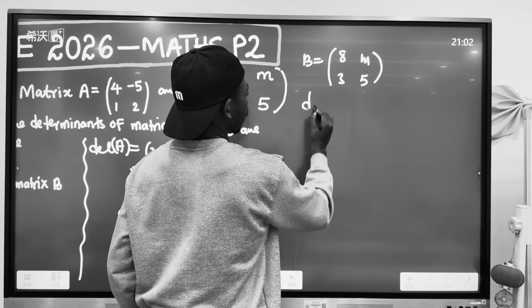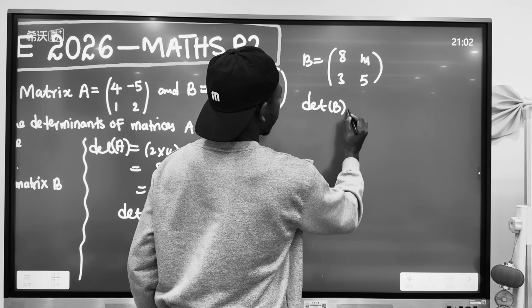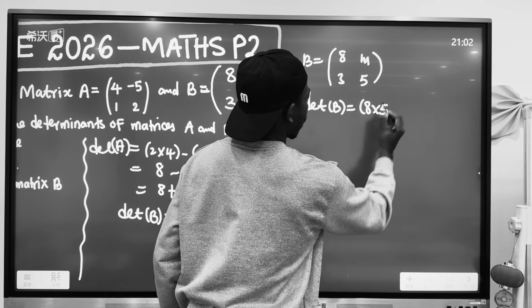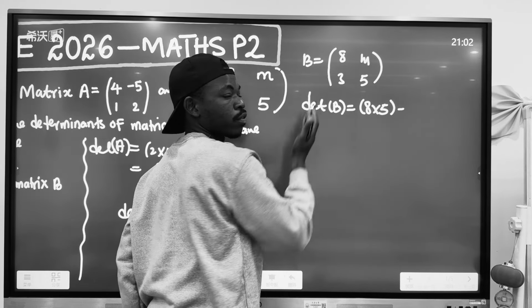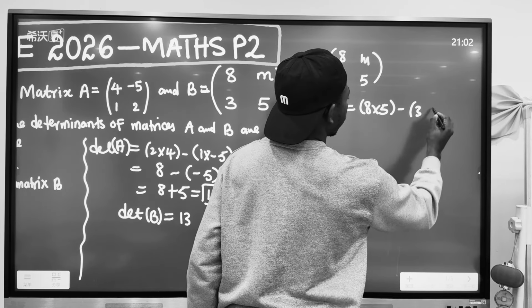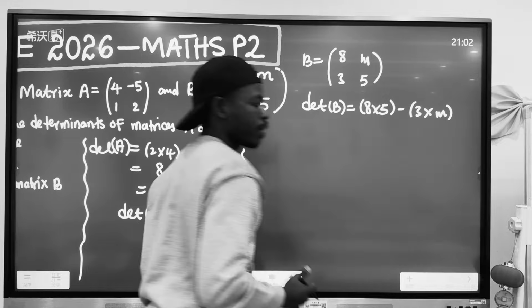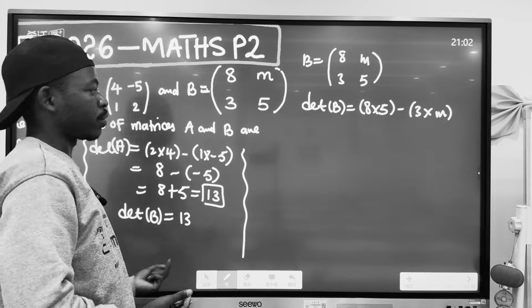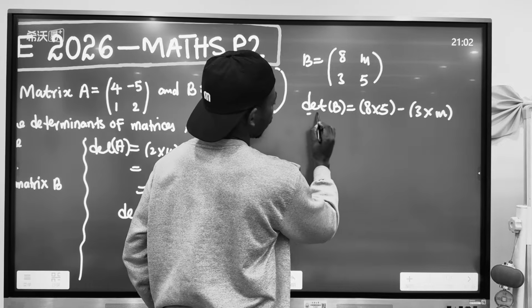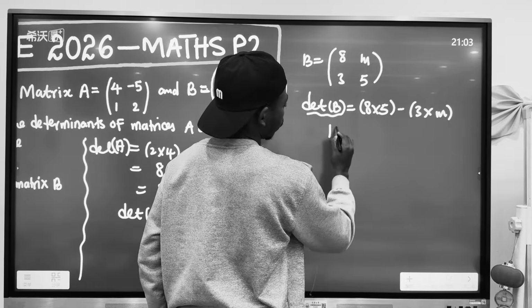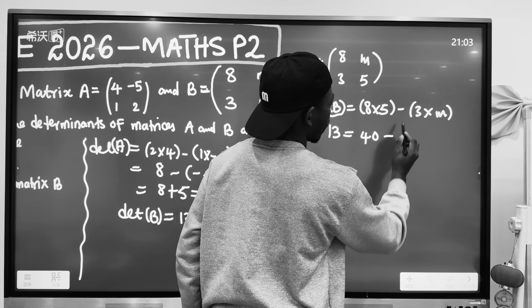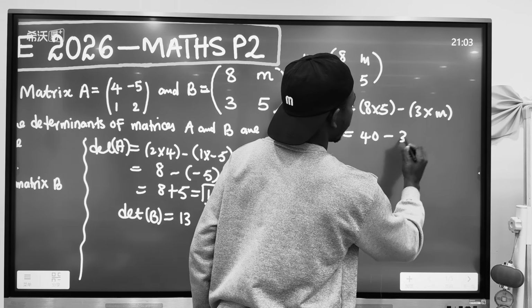So the determinant of matrix B is equal to 5 times 8 minus the product of the minor diagonal, which is 3 times M. But we know that the determinant is the same as the determinant of A, which we found to be 13. So here we can replace this with 13. So 13 is equal to 40 minus 3M.